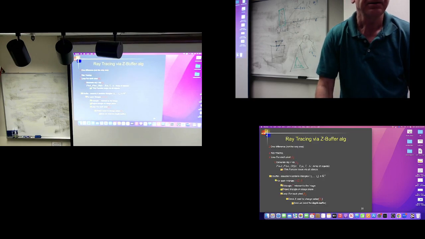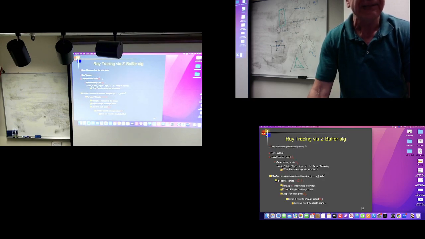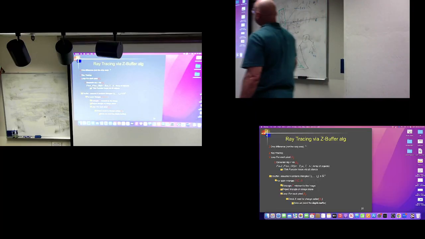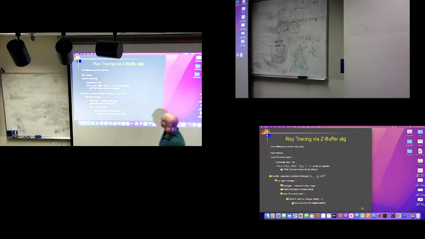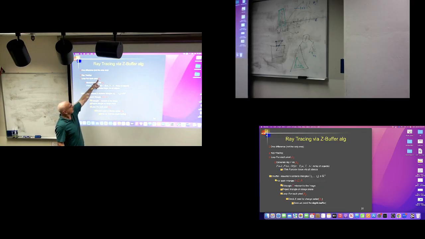Okay, so what's the difference between ray tracing versus the Z-buffer algorithm? In ray tracing, the loop is: you're generating one pixel, Pij, and now you have the recursive ray tracer code that takes this one pixel and runs a ray towards the objects.